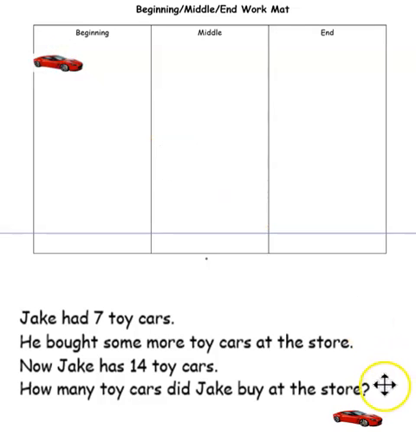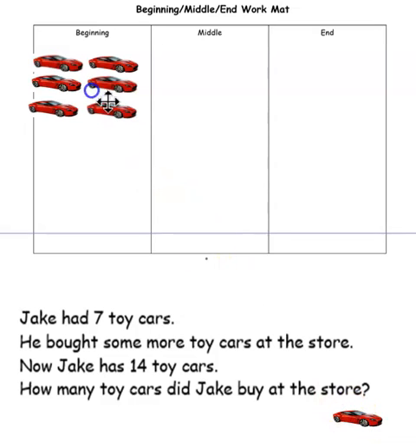Can you help me count to 7? 1, 2, 3, 4, 5, 6, 7. I'm going to write that as well. He had 7 cars at the beginning. That's what he started with.